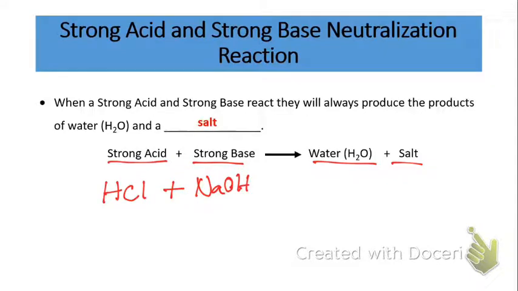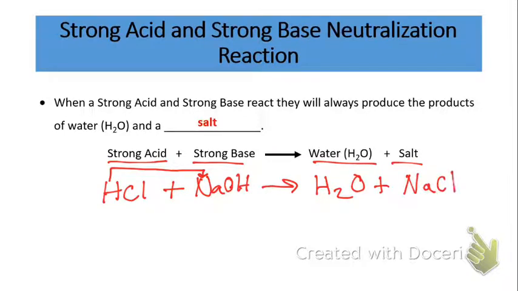Now, the strong acid is going to be the proton donor, so the HCl is going to donate an H+ to the sodium hydroxide, and so essentially what's going to happen is we're going to form water, and the salt is going to be sodium chloride as a result of this acid-base neutralization reaction.